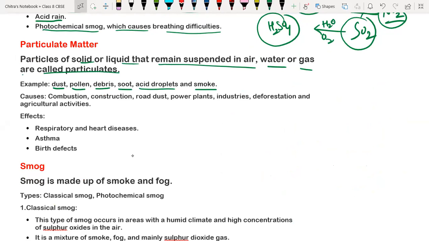They are present in suspended form. Even you cannot identify them with your naked eyes. They are already present in our atmosphere and they cause air pollution.